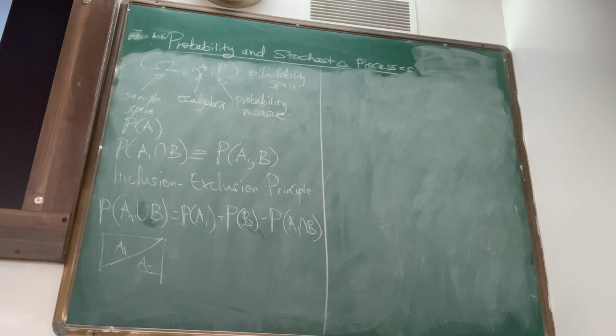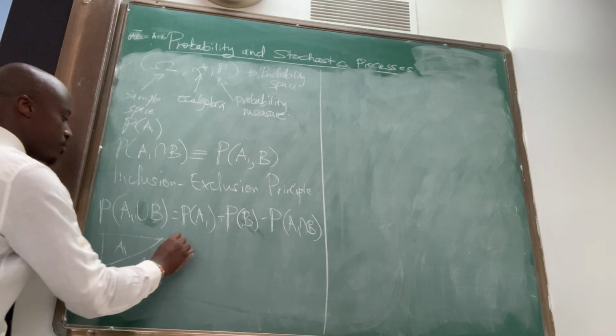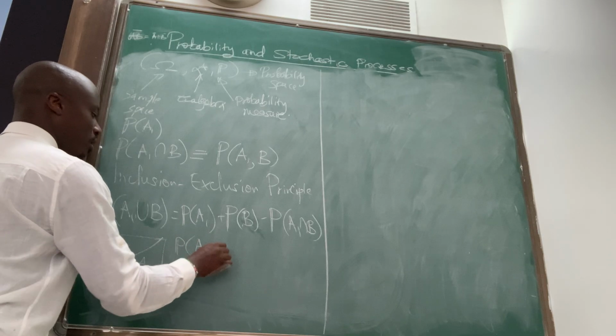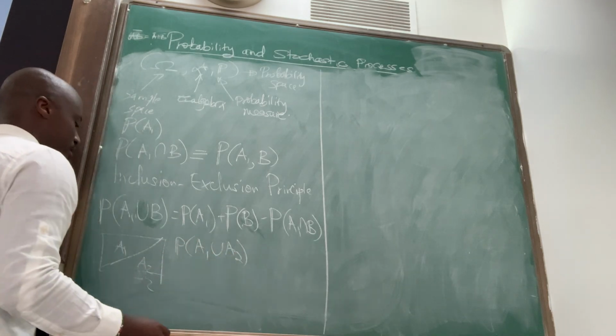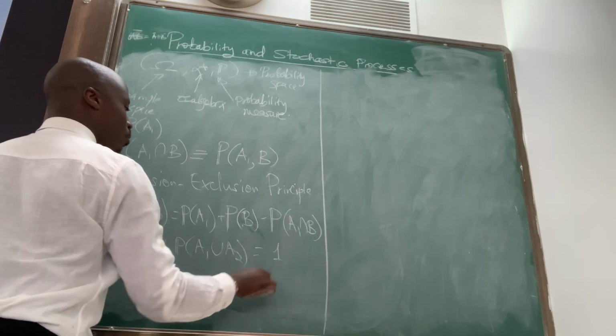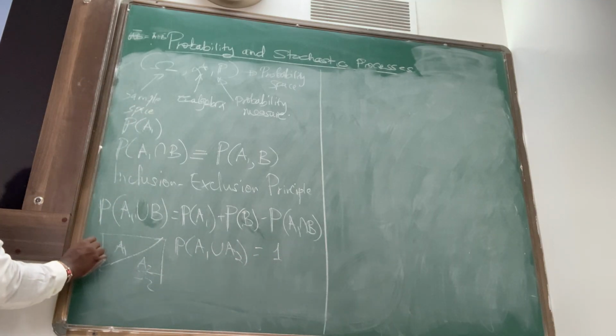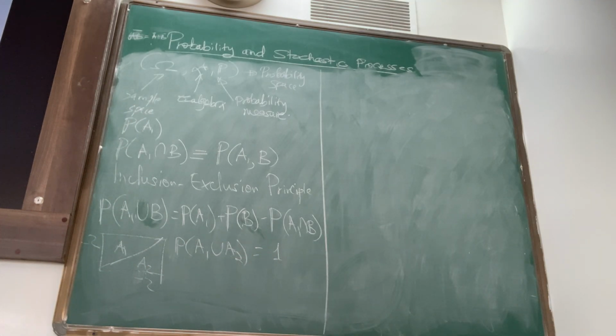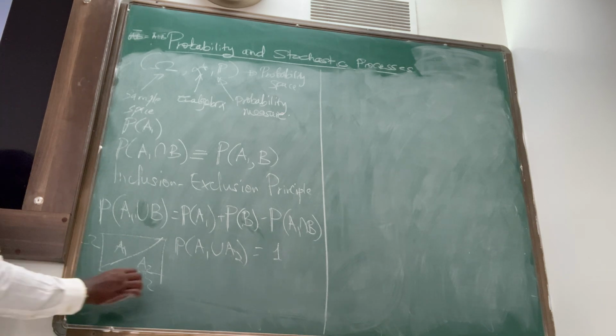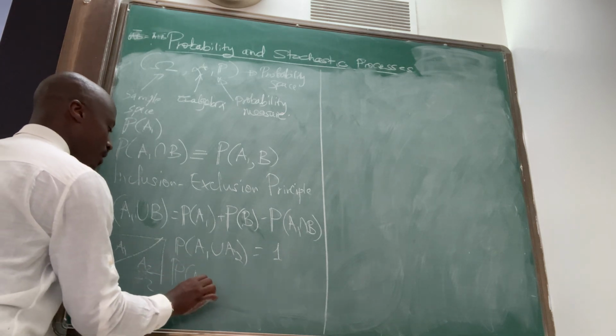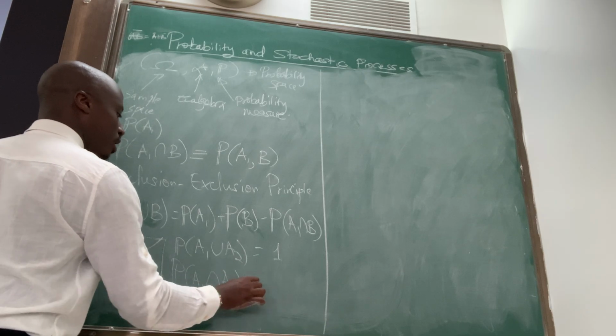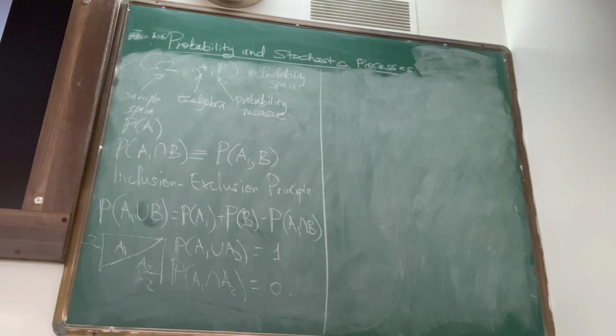The probability of their union is just going to be 1 because it covers the entire event space. Now if you look at the intersection, they're not intersecting anywhere because they're disjoint. So the probability of A1 intersection A2 will be 0. They're not intersecting anywhere. Is that fine?